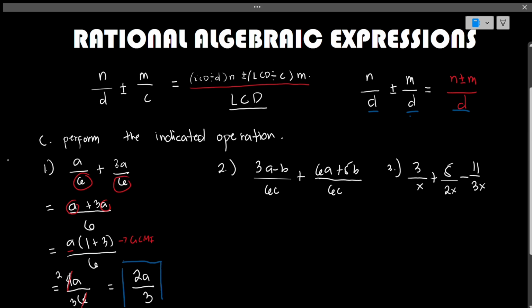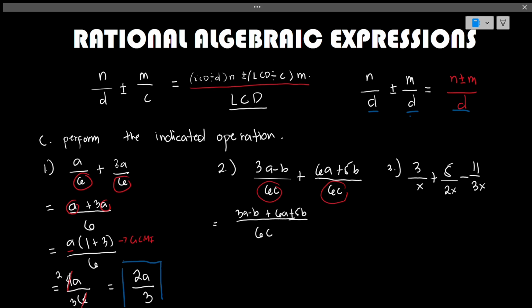Now let's try example number 2. The same process: as you can observe, both denominators are the same, so we just copy our denominator, which is 6c, followed by the numerator, which is 3a minus b plus 6a plus 5b.